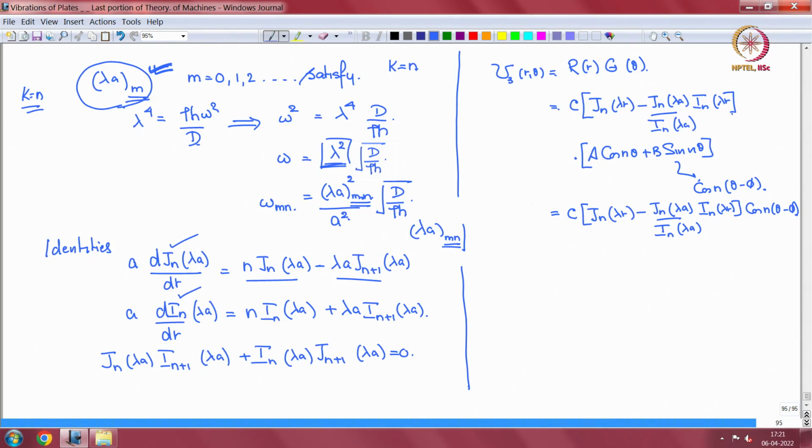So that's the mode shape, again unknown to the extent of one constant. So this is a mode shape.